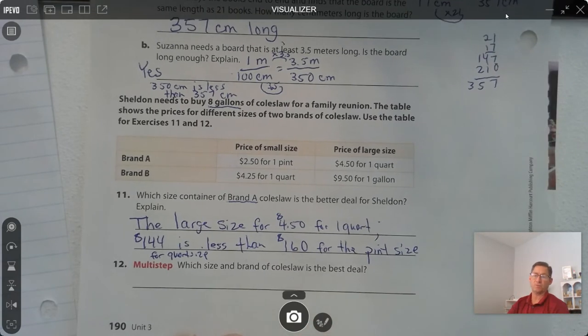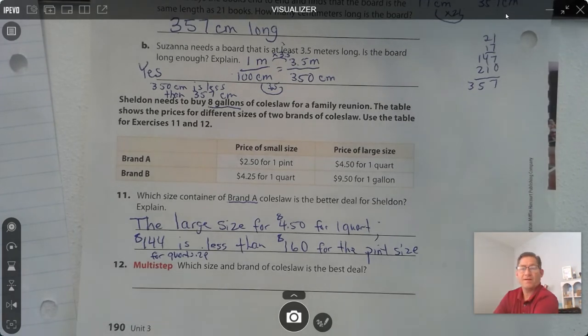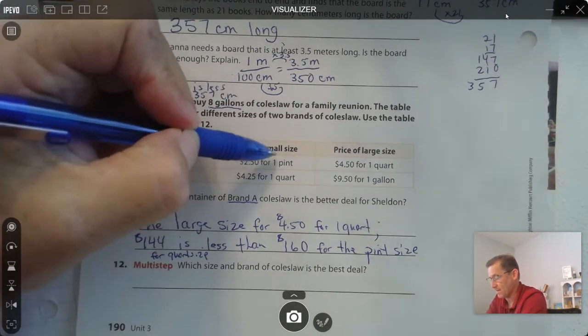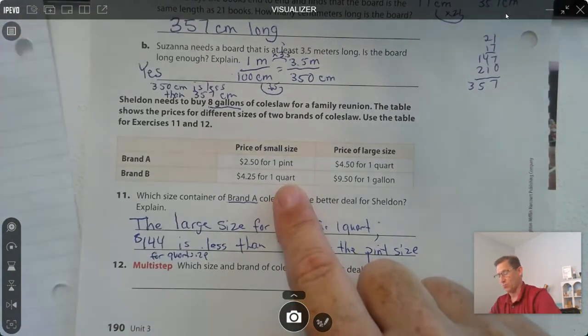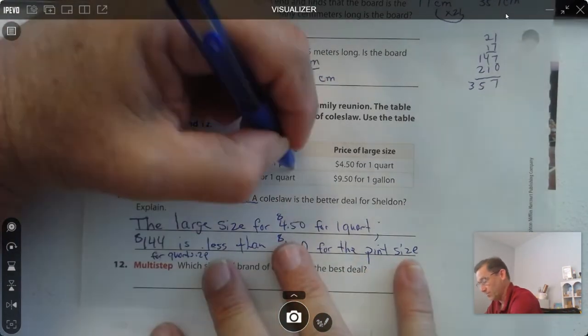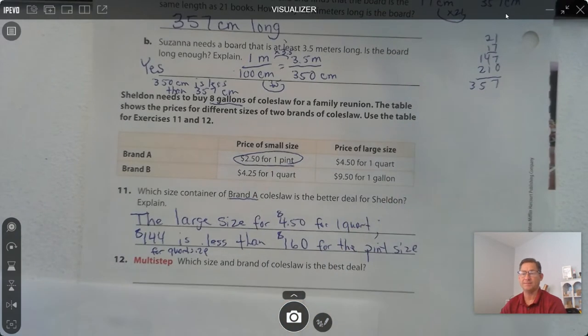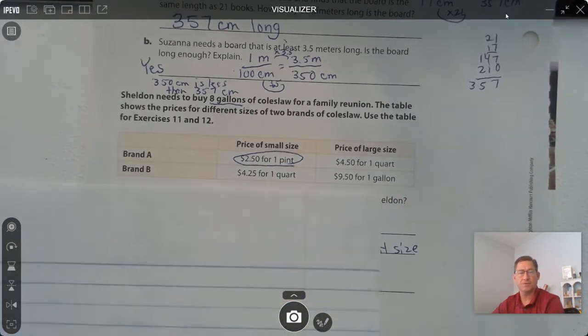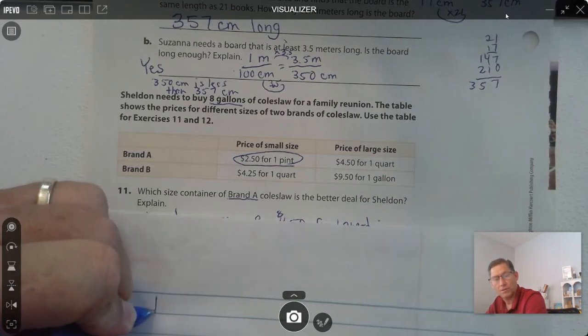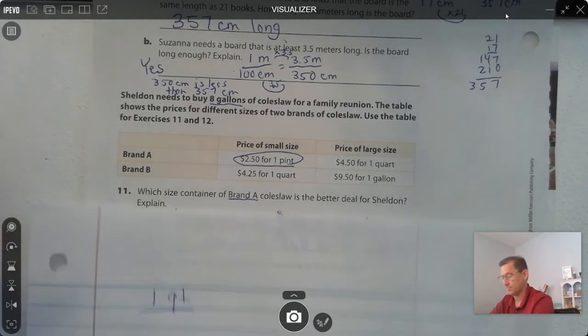All right, which size and brand of coleslaw is the best deal? Okay, so if we change these all to pints, we'll find out which one's the cheaper deal, right? So let's convert $4.25 for 1 quart into pints. Okay, so what we're basically saying is let's get them all to be per pint. Okay, so 1 quart is how many pints?